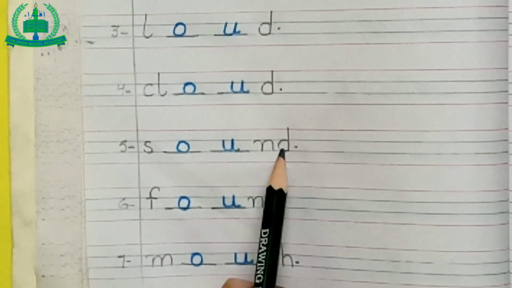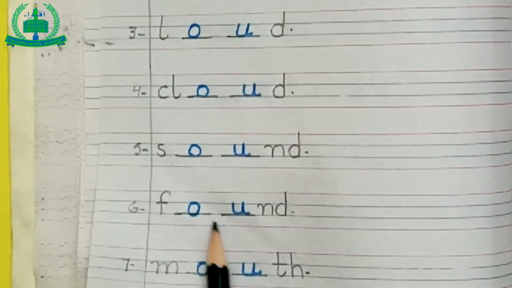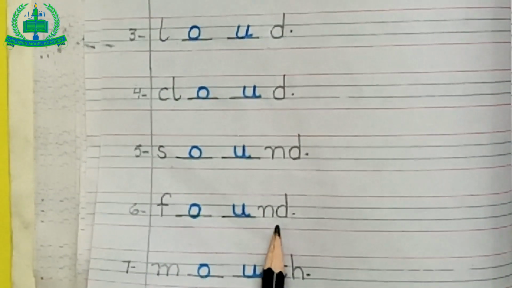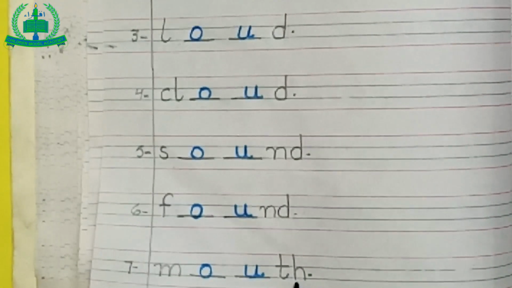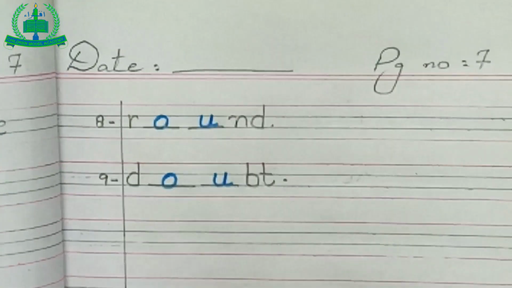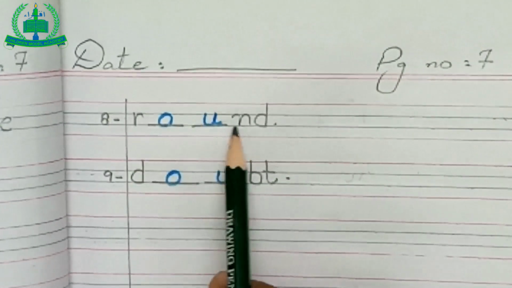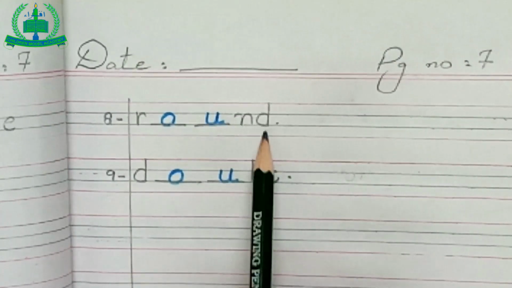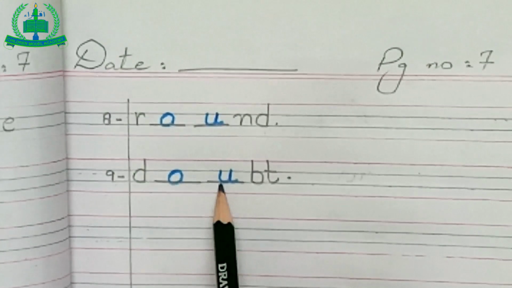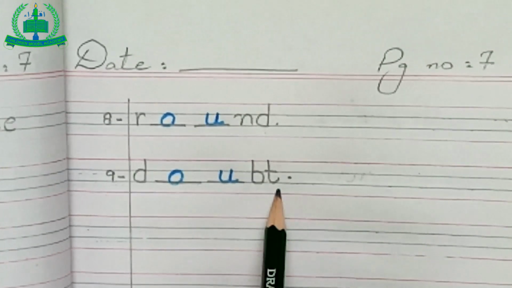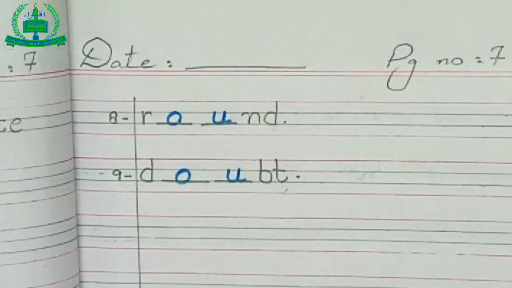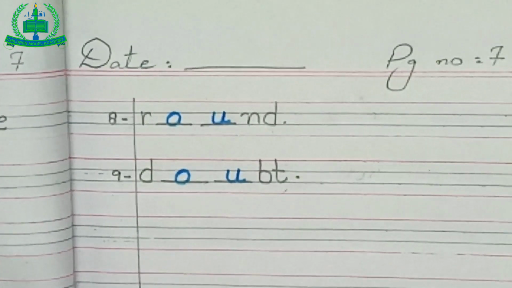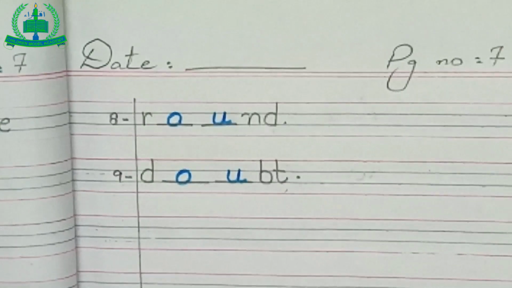SOUND, sound. FOUND, found. MOUTH, mouth. ROUND, round. DOUBT, doubt. Before starting this exercise, say aloud these words and then write in your copy.